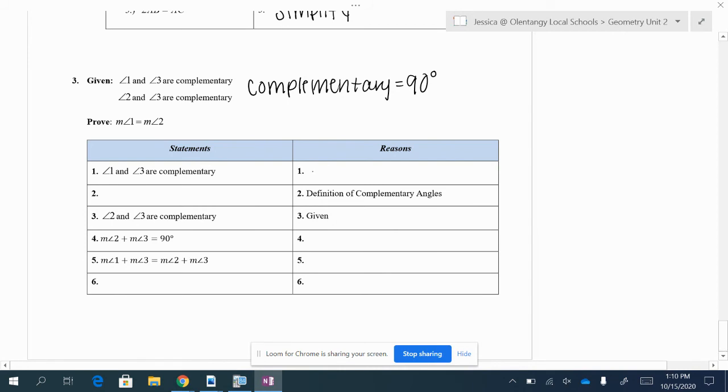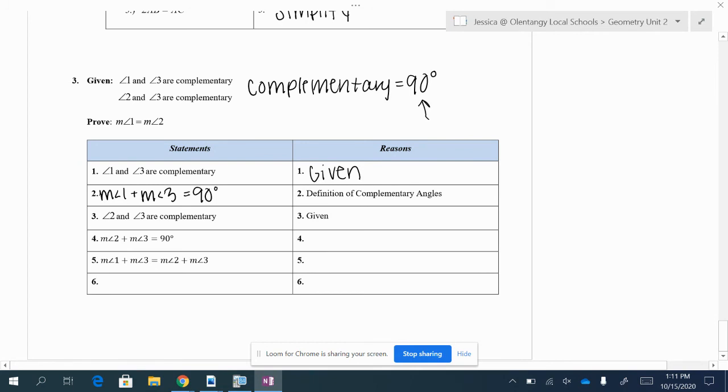That means that is our given statement. And then we have definition of complementary angles. Well, I just told you complementary angles equal 90 degrees. So that means that angle 1 and angle 3 have to equal 90 degrees. So measure of angle 1 plus measure of angle 3 has to equal 90 degrees.